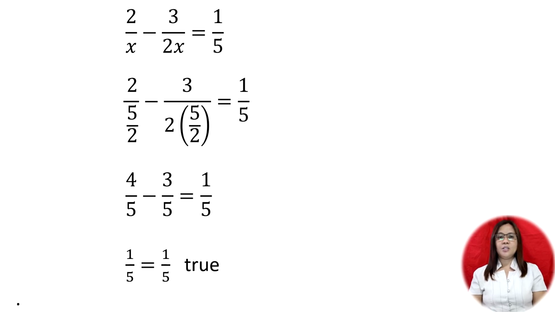Substitute the value of x, which is 5/2. So we now have 2/(5/2) − 3/(2 times 5/2) = 1/5. So 4/5 − 3/5 = 1/5. So 1/5 is equal to 1/5, which is true, so therefore the solution is correct.